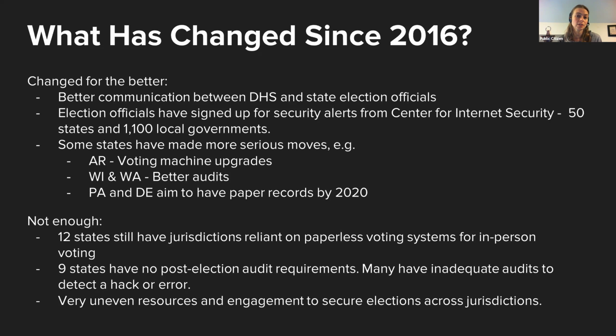And then there's just uneven resources. Many election jurisdictions need more money, and over the last year, Secure Our Vote and other advocacy groups with grassroots members have been reaching out to local election officials, asking how we can help, from being poll workers to helping advocate for more funds for consistent and regular security upgrades.